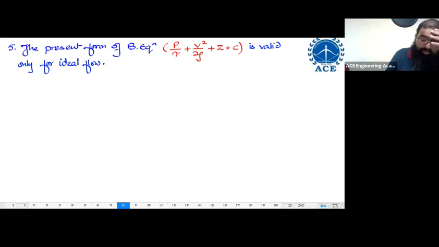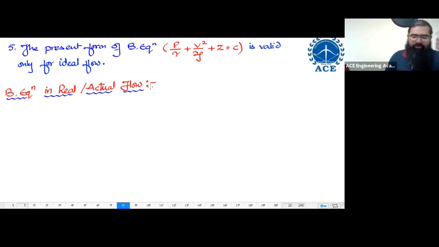So now we have to worry about what happens to the Bernoulli equation in real flow, because every time we are going to deal with real flow only. So the question is, what about the Bernoulli equation in real or actual flow? Please understand this thing.